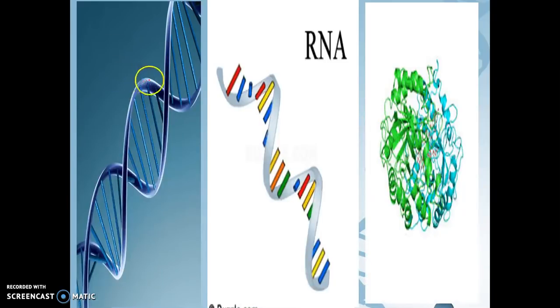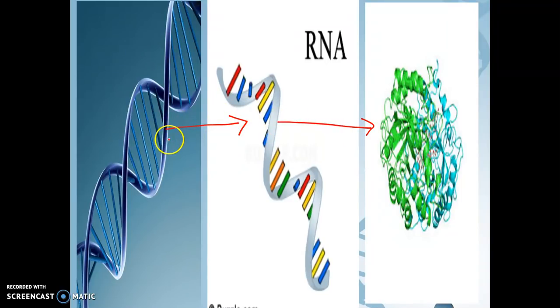You are aware of the structure of DNA. DNA has two strands and the nitrogenous bases, which are the codes for protein synthesis. So DNA uses messenger RNA to make protein.